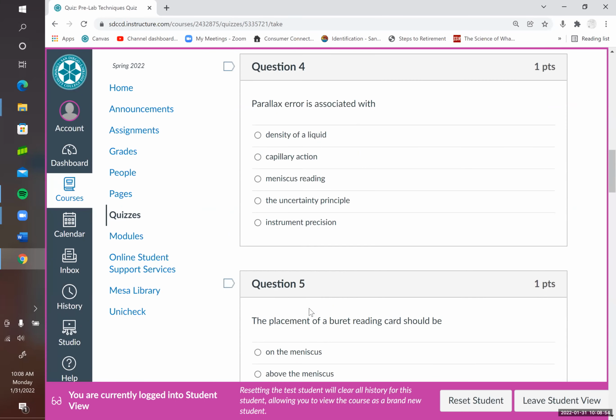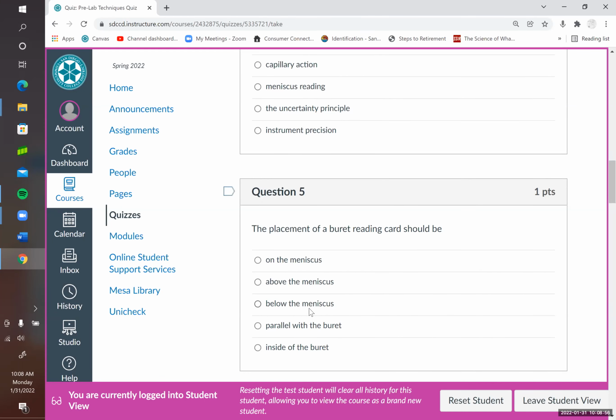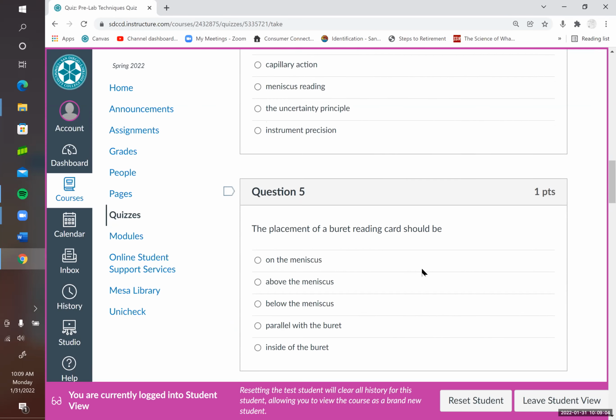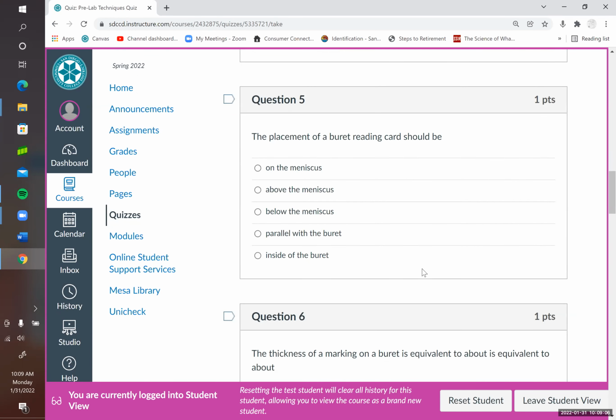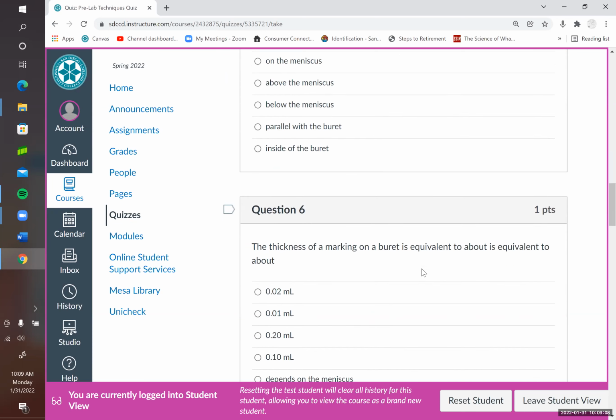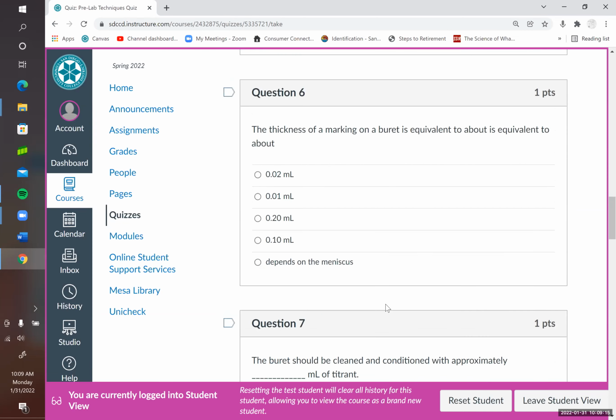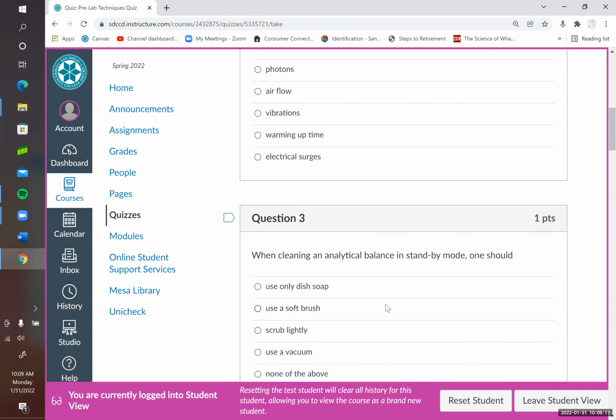Parallax error. So, if you don't know what the answer is right away, it's probably because you need to look up some definitions and figure it out. And by doing that, you'll learn the basics and be prepared for entering into the lab on the first day. Any questions on that?